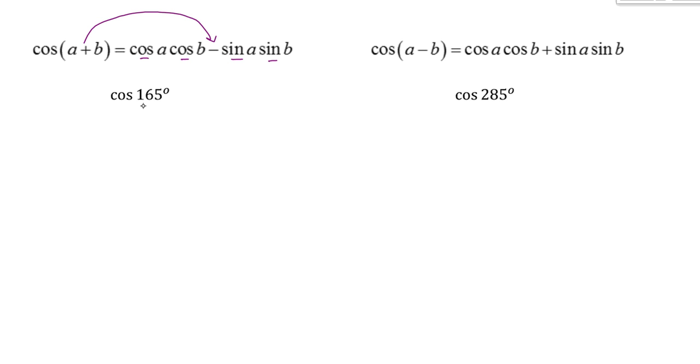So again, we're going to split this up into two angles that we know are on the unit circle. So looking through, we've just got to find two that add up to 165. So the first ones I think of are 120 and 45.